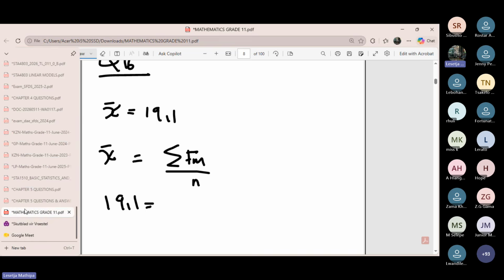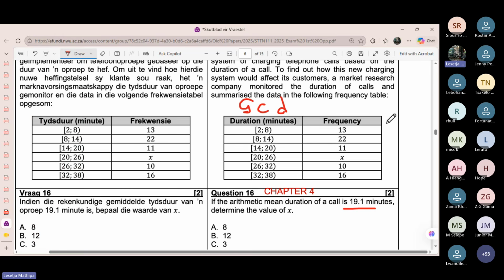So I want us now to find the midpoints. I hope you know how to calculate the midpoint: 2 plus 8 divided by 2 gives the first midpoint. Give me the midpoints from the first one to the last one.